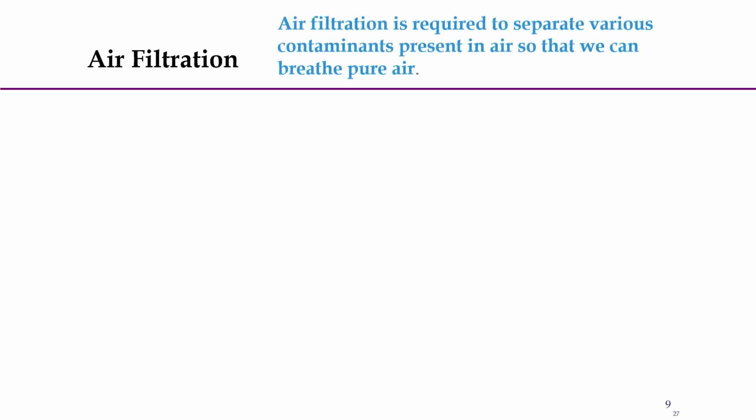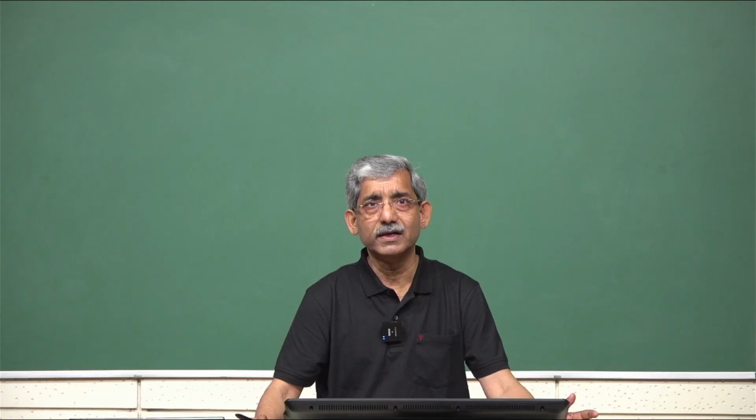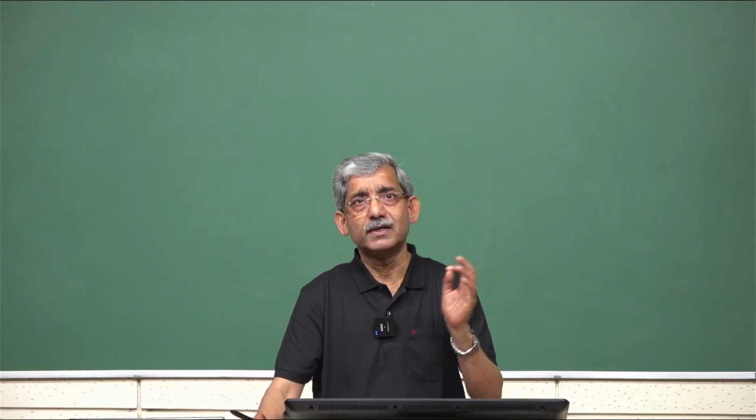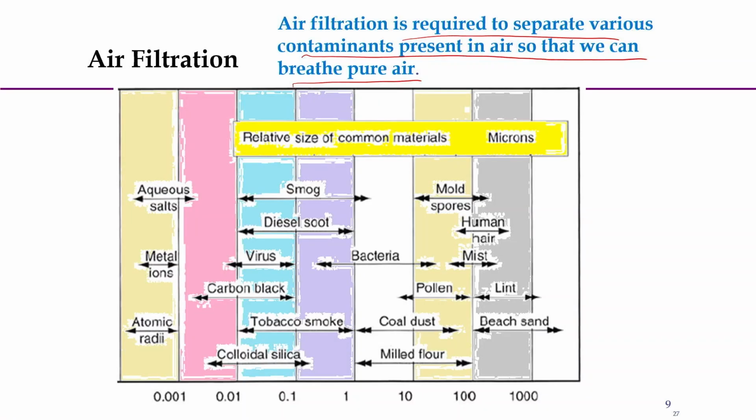Now, if you see air filtration, it is required to separate various contaminants present in the air, so that we can breathe pure air. That was our basic idea. Now, let us see what these contaminants in the air are and their dimensions.